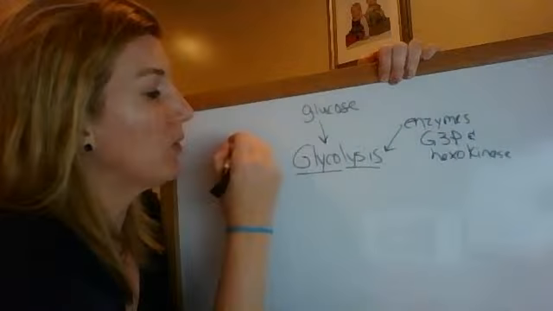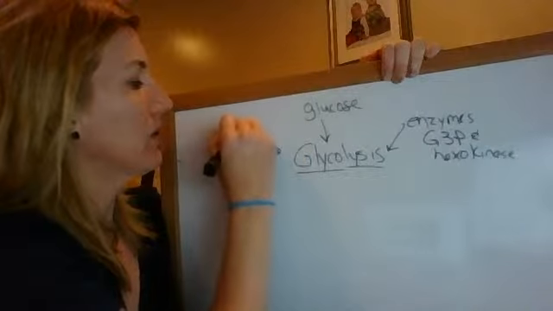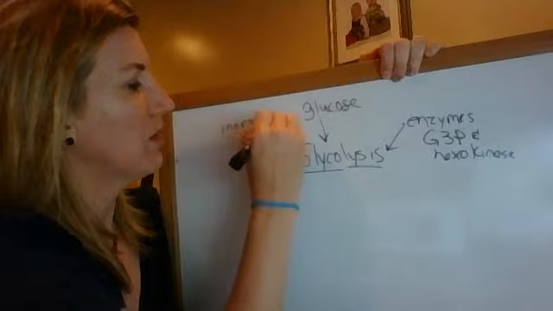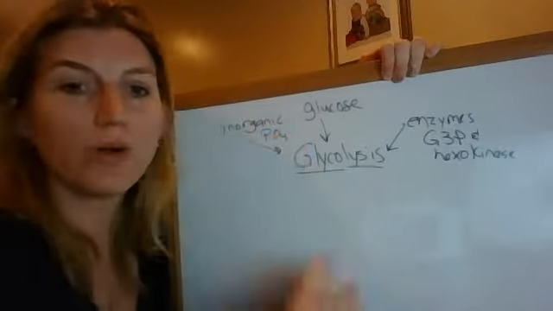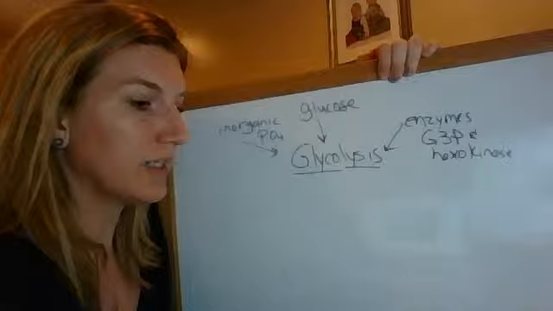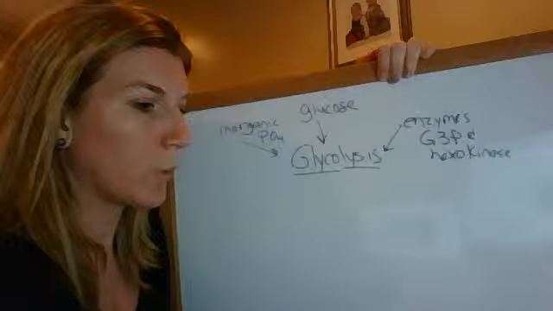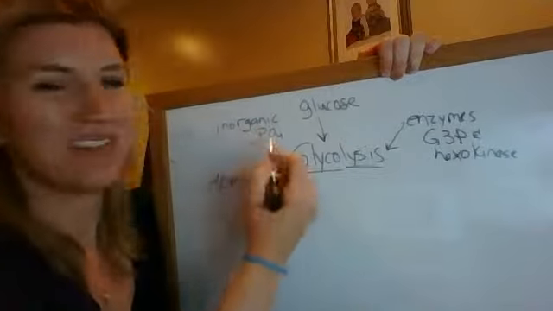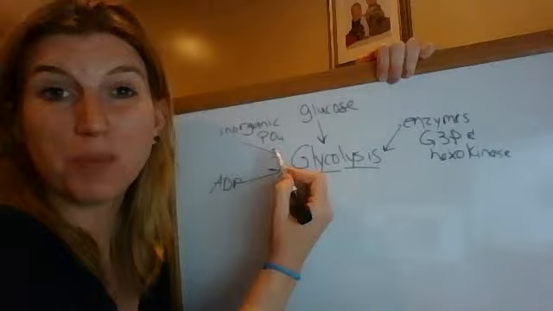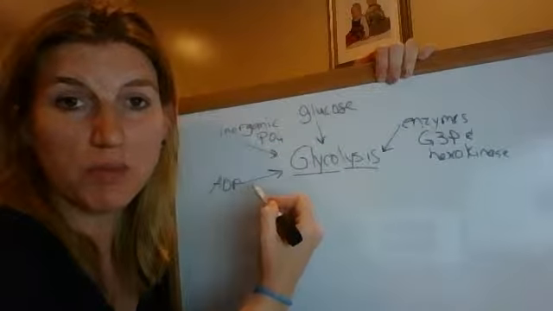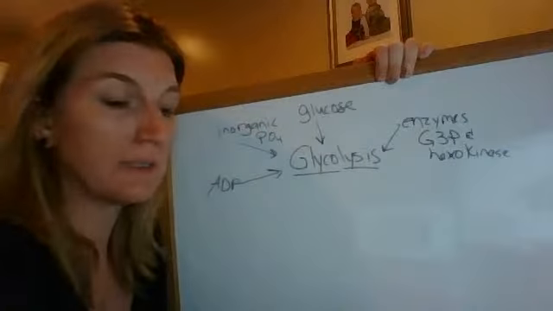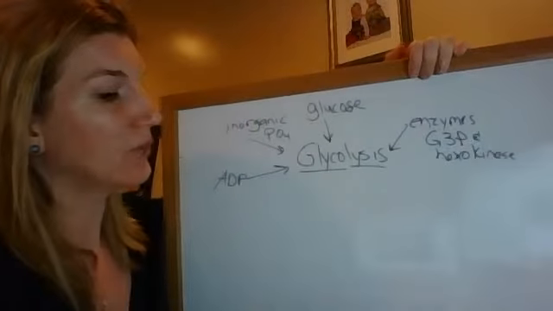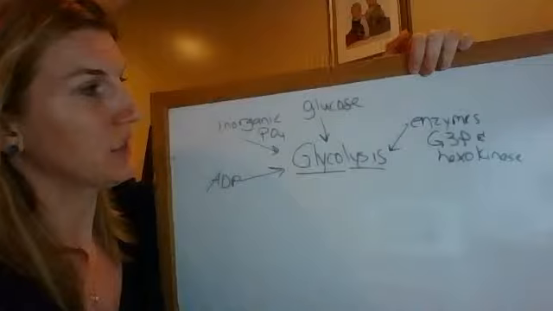So those two enzymes plus a glucose molecule. What else do we need? Oh, we need inorganic phosphate, PO4, and we need ADP. Right, so this is the ADP plus P, the inorganic phosphate and the ADP. That's the whole idea. So what do we get out of glycolysis?